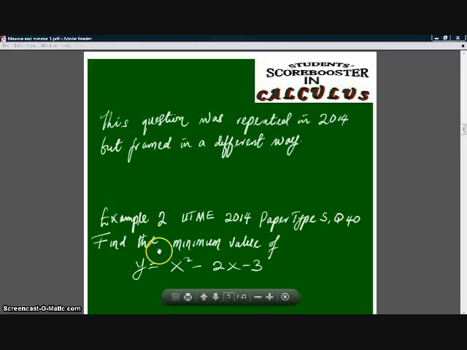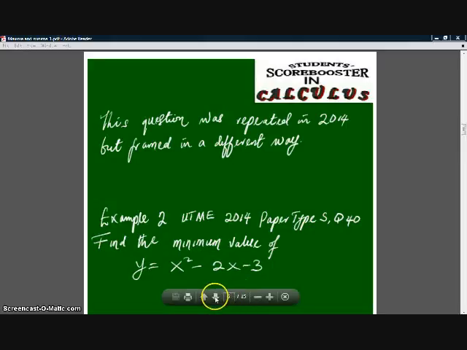Find the minimum value of y equals x squared minus 2x minus 3, the same expression, right? Now please take note, find the minimum value of y is equal to this. So you know that this question is not asking for x, rather it is asking for y.